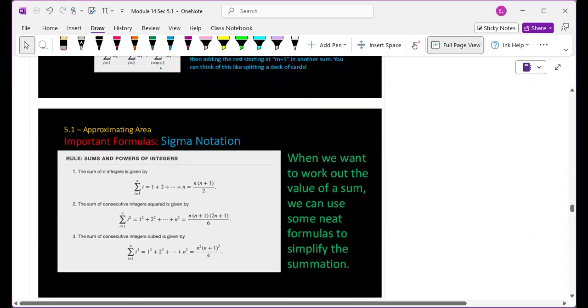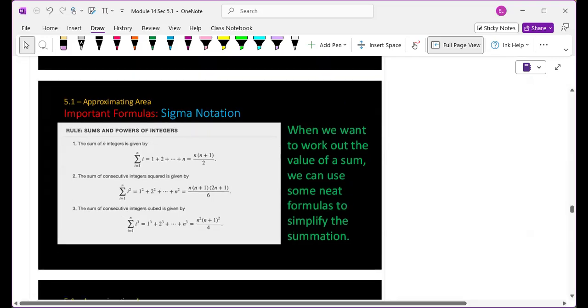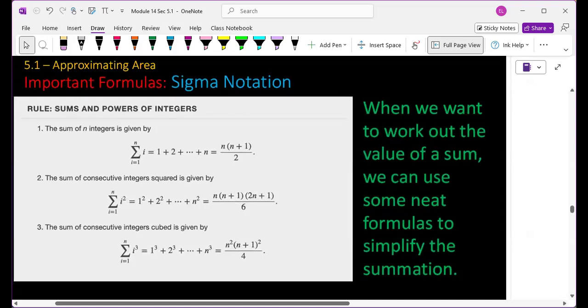So there's 3 formulas that show up here when we're just looking at more basic functions. If I'm looking at just adding the first n integers, so if I want to know what the sum of 1 through 10 is, it's 10 times 11 divided by 2, so it's 55.